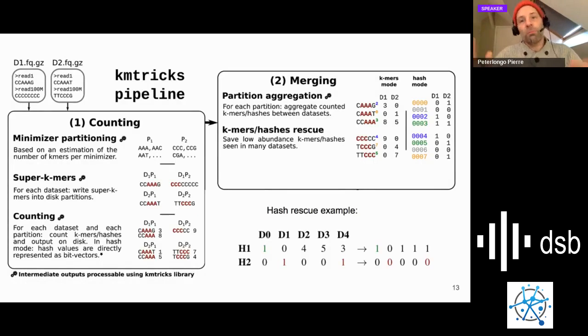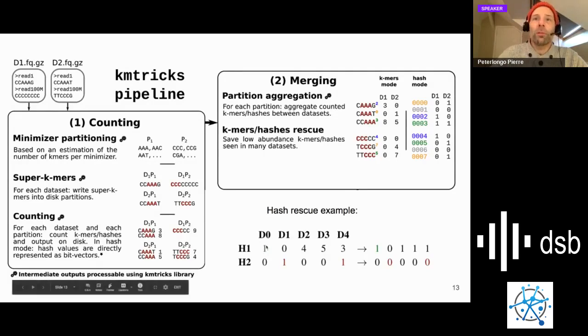So maybe, of course, maybe this is a kmer that is not due to a sequencing error, but a kmer that came from a low abundant species or a low abundant expressed gene in dataset 0. So if it's low abundant but with a high abundance in one or several other datasets, this depends on the parameters you will choose, you can rescue this kmer.